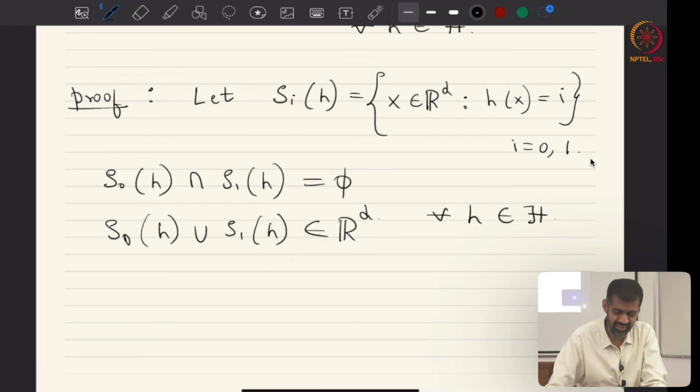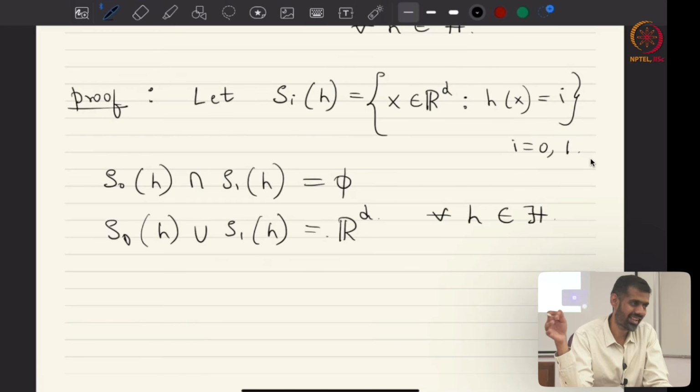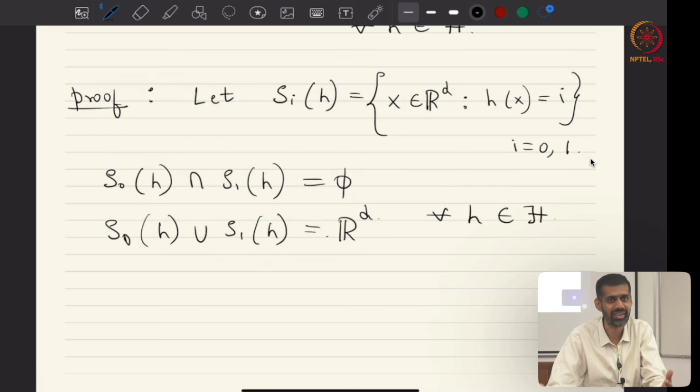See, the question is, suppose you take everything in the distribution, then it is R^d. If you only take samples from the data set, then it is a subset of R^d. It depends on how you want to see it. Because we are considering the true risk, it's okay if we say that we consider all points in R^d. That's the only difference. If you take a data set, then there are some points that are never considered because they are not in your data set. Let's take the entire distribution because we are not looking at empirical risk here, we are looking at true risk.